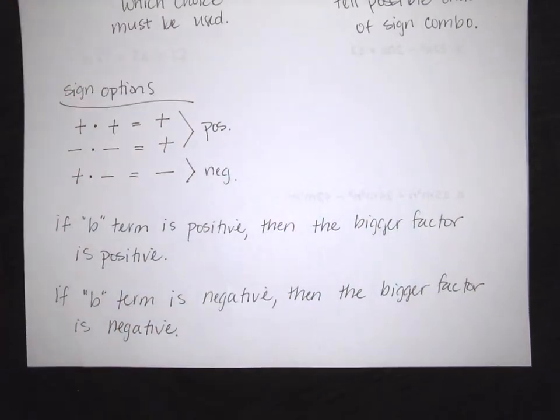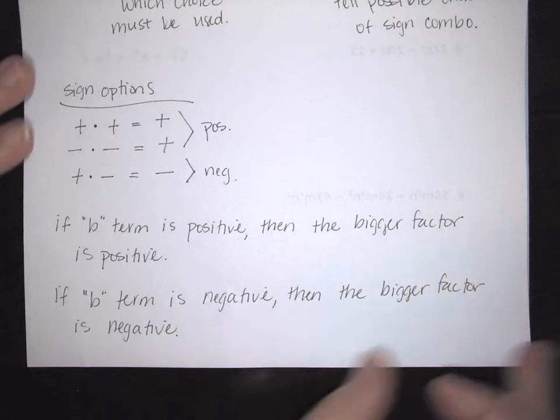So you want to pay very close attention, and that is going to help you determine the signs of the individual factors based on the whole. So that's, in a nutshell, what you need to know about a trinomial polynomial, and the clues you have to use in order to factor it down into its pieces.